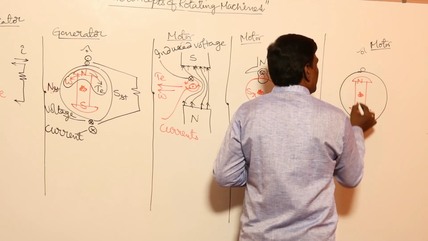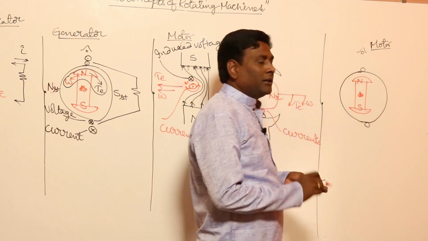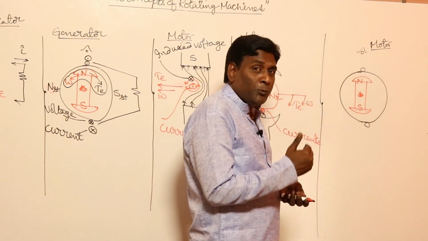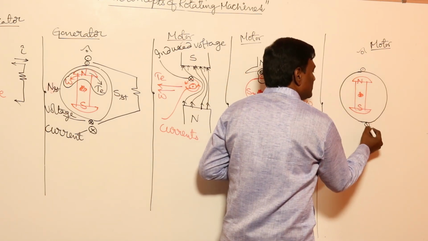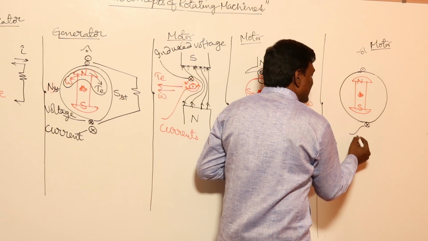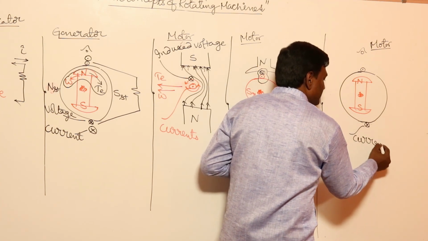This is, for example, N pole, S pole. Now in a motor you have to give input currents, so currents are going to be, for example, dot, cross; these currents should be supplied in a motor.